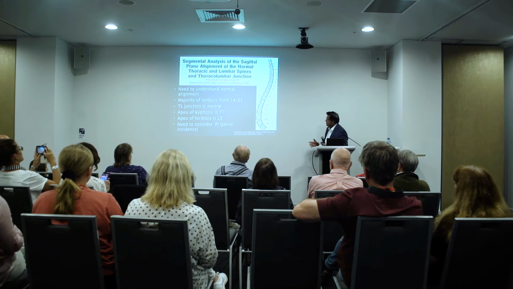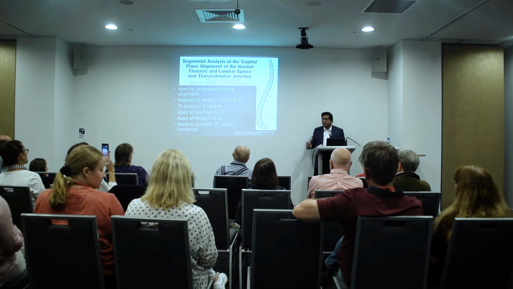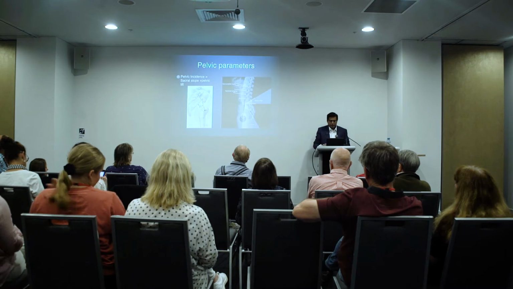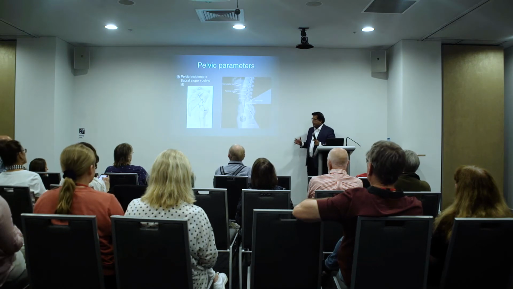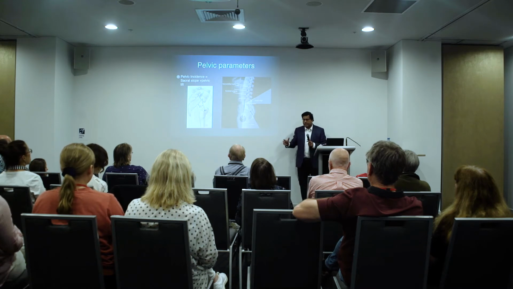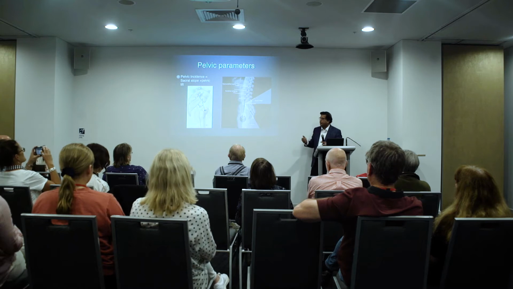Now, the pelvic incidence is something that has been looked at a lot in the last 10 years. What that basically tells you is your pelvic orientation, and we'll have a look at a picture as to what that is. So the pelvic incidence is the relationship between your sacrum and the pelvis and hip, and that is a constant. Once you are skeletally mature, it's like your thumbprint.